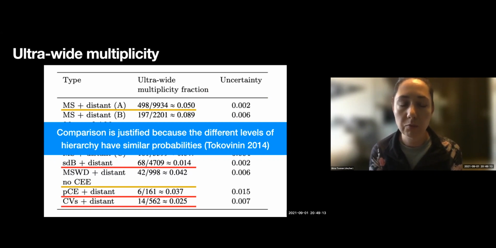If we look at binaries, so double main sequence, wide dwarf main sequence, and double white dwarfs in very wide orbits, then there's something very funky happening with the double white dwarfs. We see far fewer double white dwarfs in very wide orbits than we would expect.